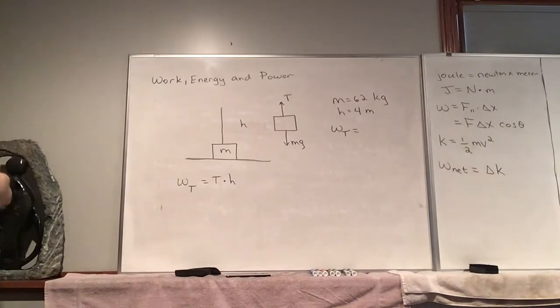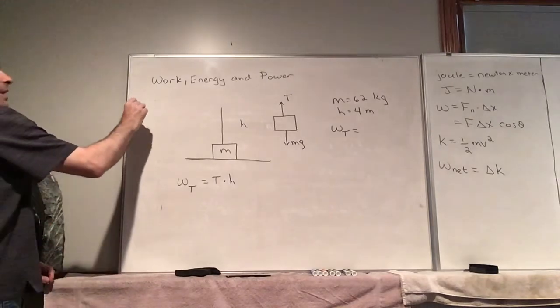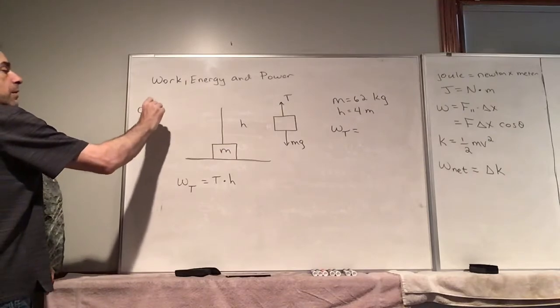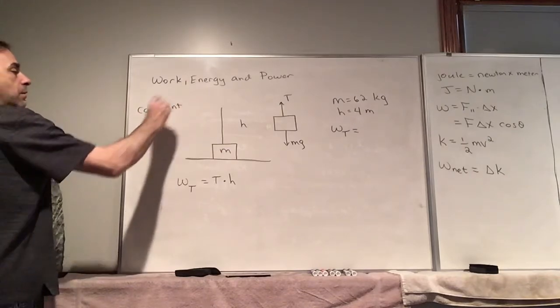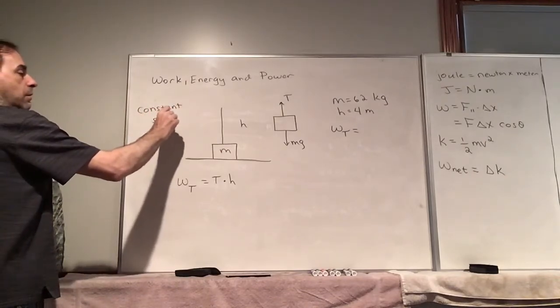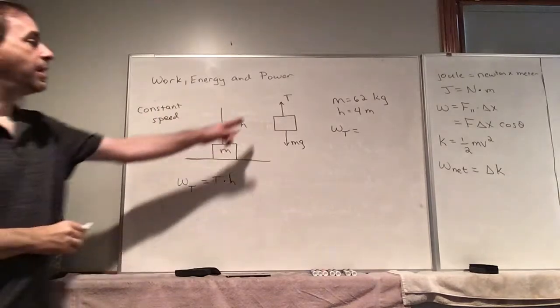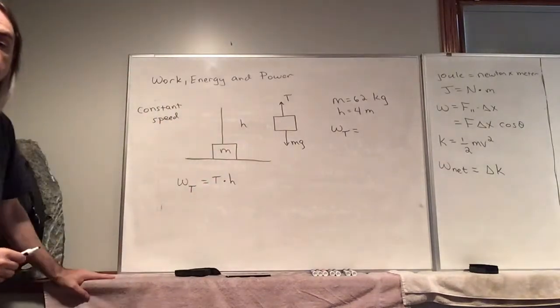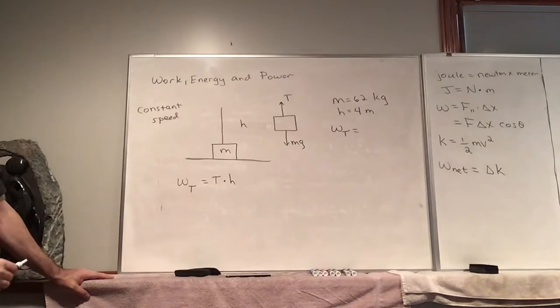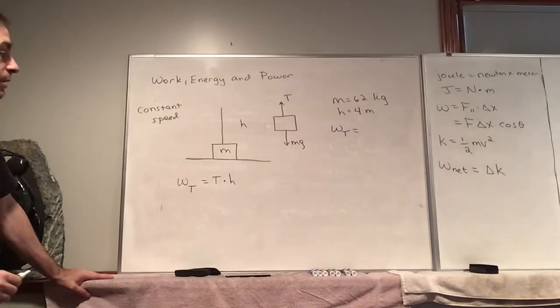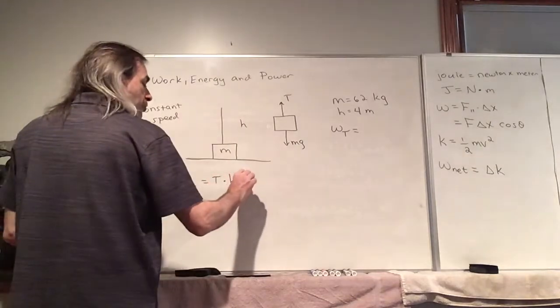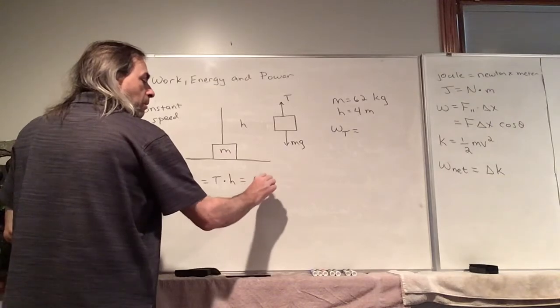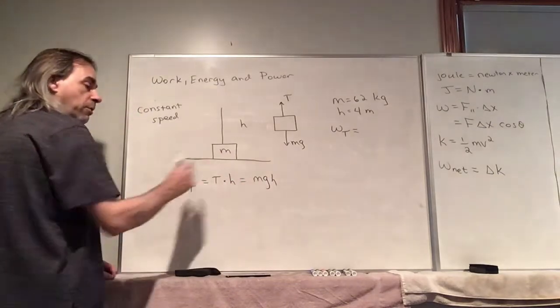And because we're lifting this object at a constant speed, we know that the tension has to be equal to mg. Tension has to be equal to the weight, so there is no net force. So this would be mgh. Now this result is true in general.